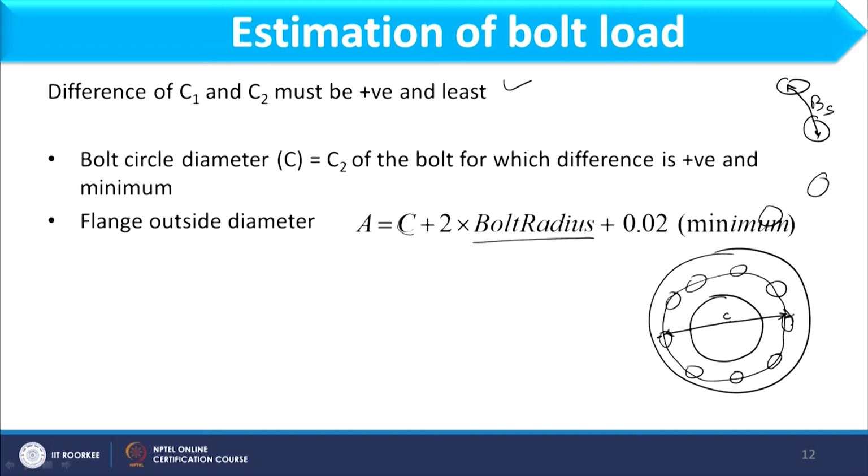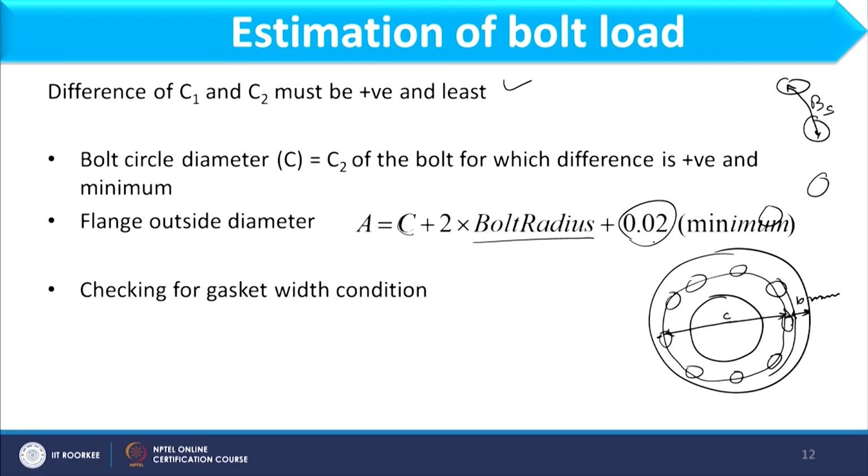It means this section, which you can say is the edge of this bolt circle and the outer edge of the flange, this value is at least 10 mm. Therefore, we have added 20 mm minimum. So, considering this, you can find out the flange outside diameter.